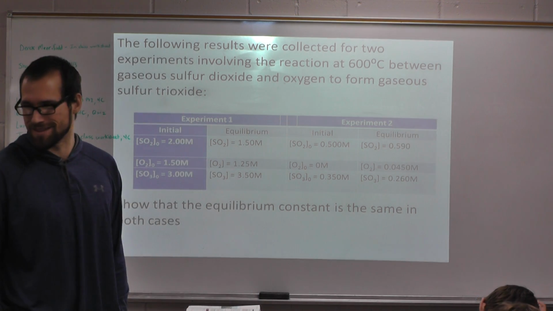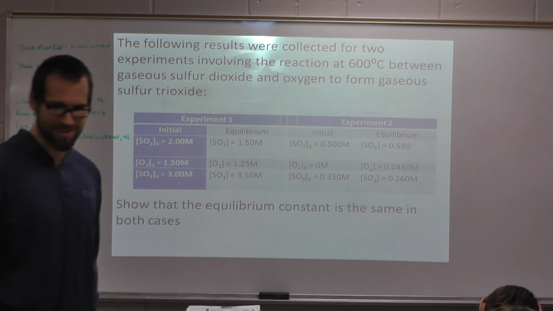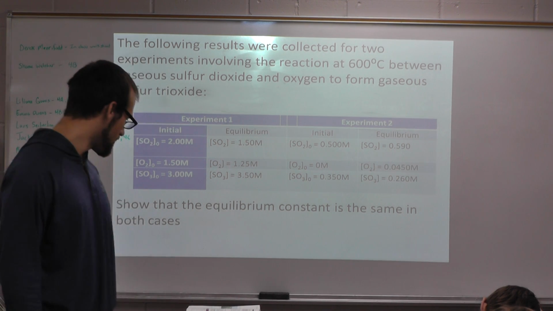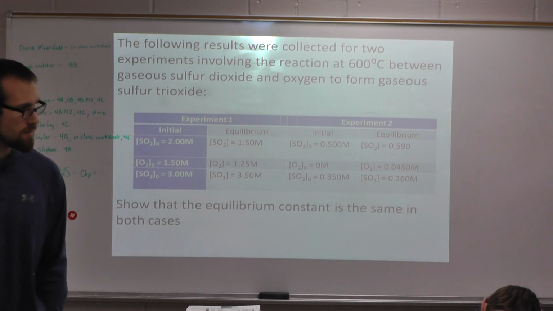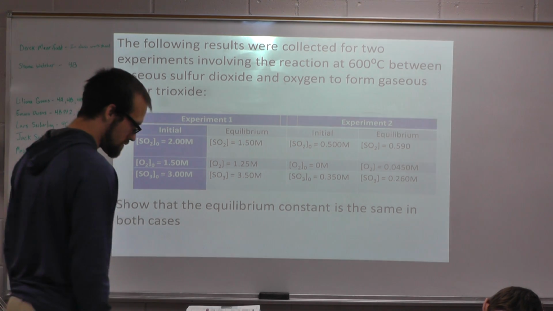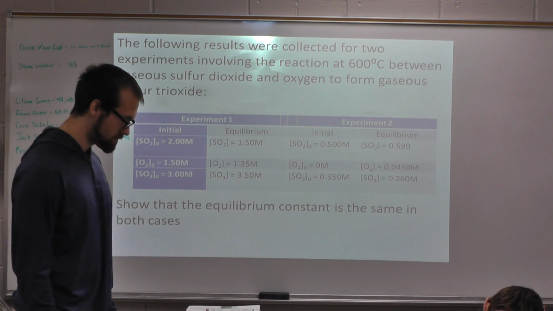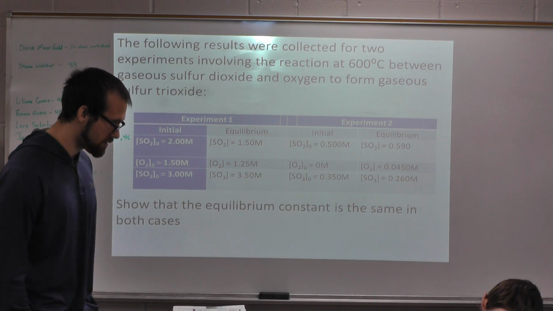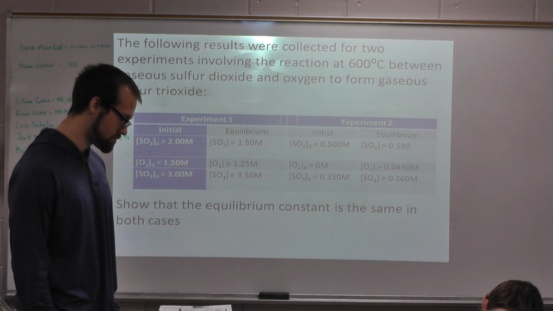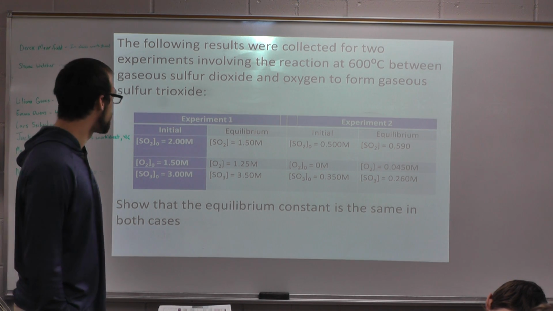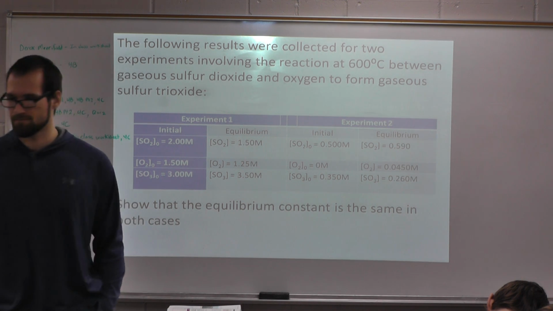You forgot how to balance, oh boy. Wait, can you do 2 SO2 plus 1 O2 goes to produce 2 SO3? You're right, the equation's right, you just don't have it balanced. So it's 2, 1, 2. Oh, no, I got it.